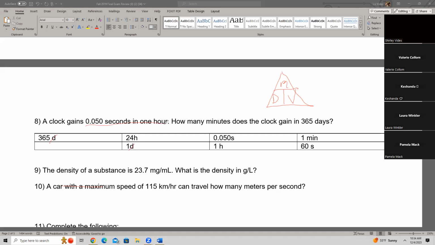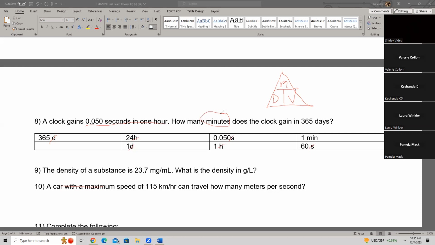So we know we need to multiply it because otherwise we can't figure out how much it gains. Therefore, hours need to be on the bottom, right? Yes. And seconds need to be on the top. And see, that worked because the hours changed. So now seconds need to be on the bottom and we need minutes because that's what the question is. Okay. And it should be 7 point something if I'm not mistaken.